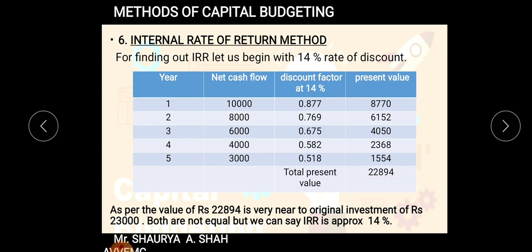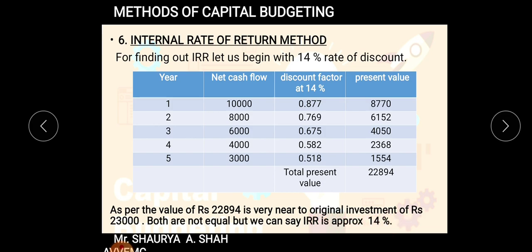Now here, students, you are getting 22,894. It is also not equal to your 23,000 original investment, but we can say that it is very near, right? It is only 106 rupees away. So I can say that my IRR is approximately 14%.